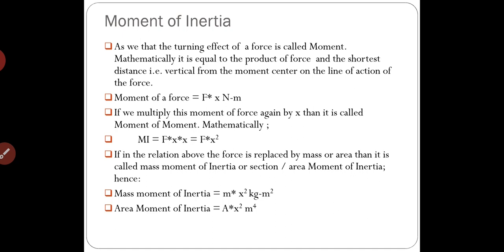If you multiply this moment again with the shortest distance x, then it is called moment of moment. And if you replace this force by mass or area of a section, then we call it mass moment of inertia or section moment of inertia. The mass moment of inertia unit becomes kg meter square, and for section or area moment of inertia, the unit becomes meter to the power 4.